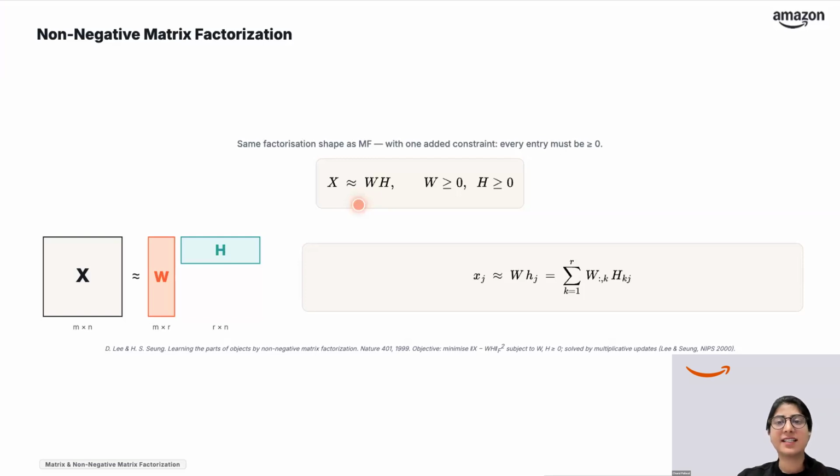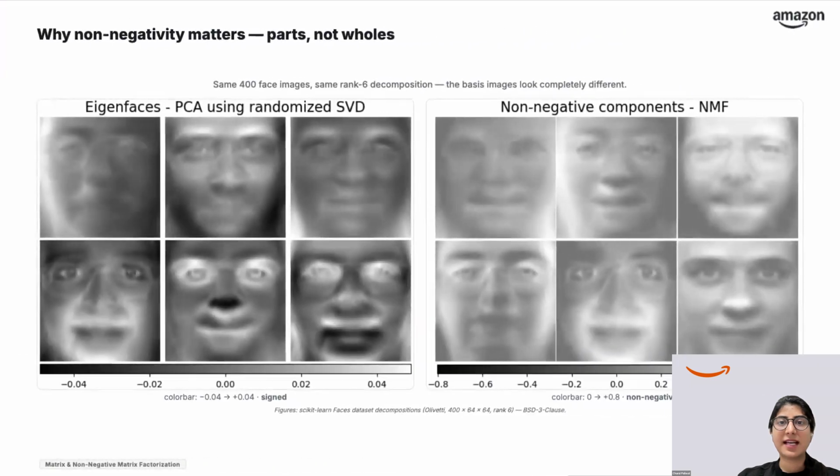The idea is that if there is a negative term in the entries, the next decomposition can subtract that component from the matrix. What we want to do is find some sort of non-overlapping additive components from the matrix.